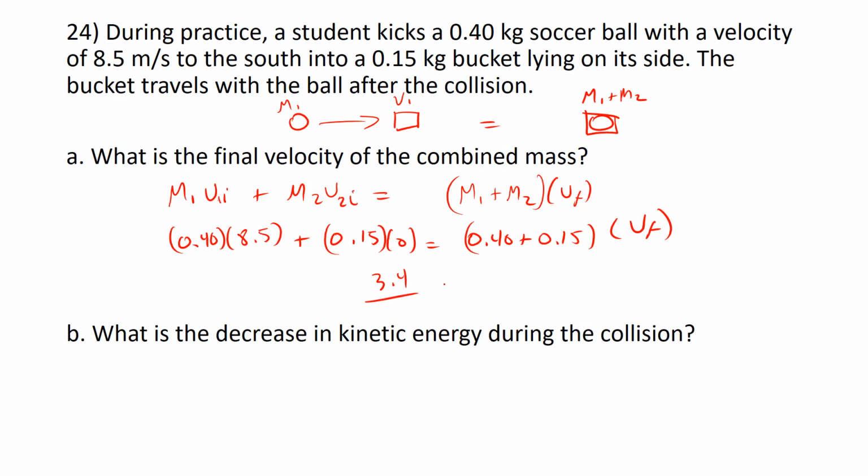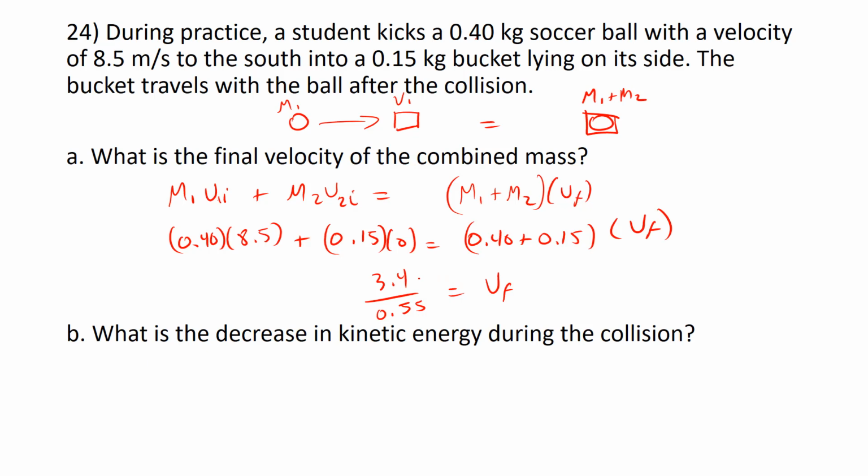And we want to divide by the overall mass, 0.55. So when you add those two together, that's going to be 0.55. So we had all the momentum, the 3.4 kilograms times meters per second of momentum was all in the soccer ball, but now it's going to have to be combined.